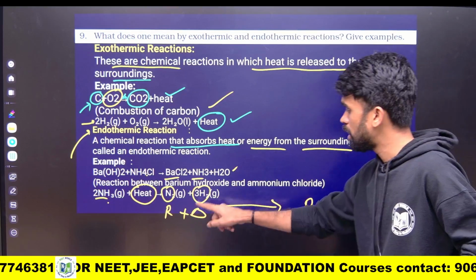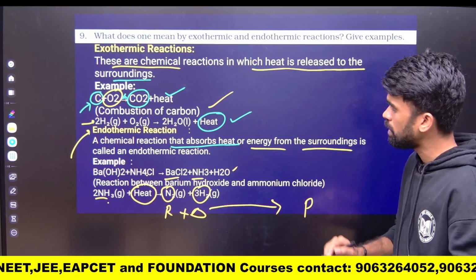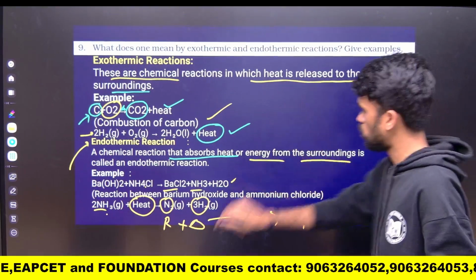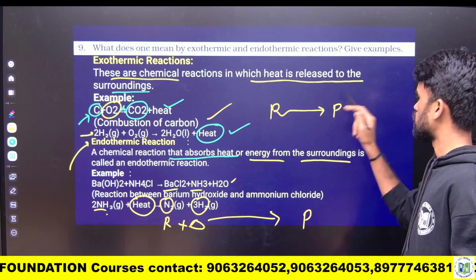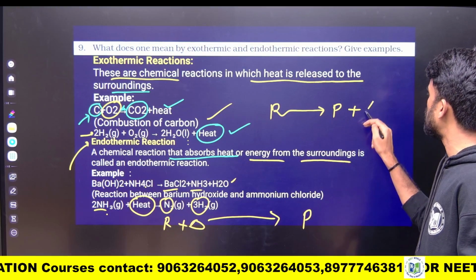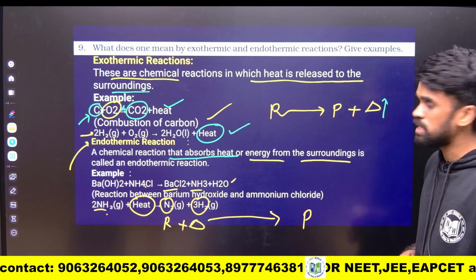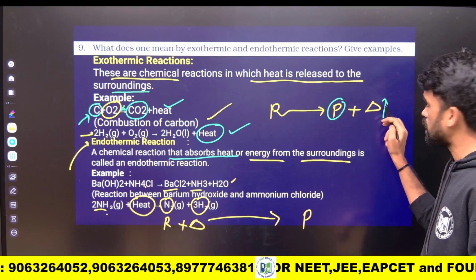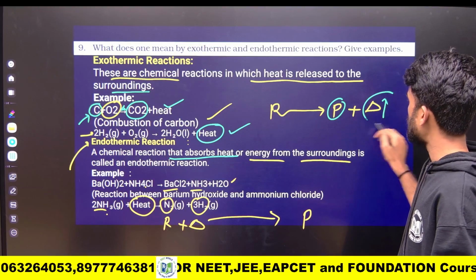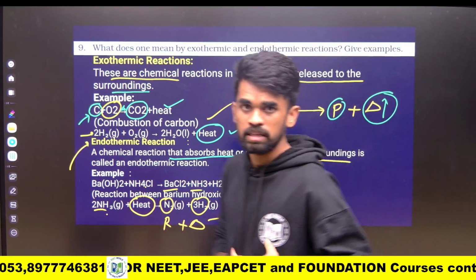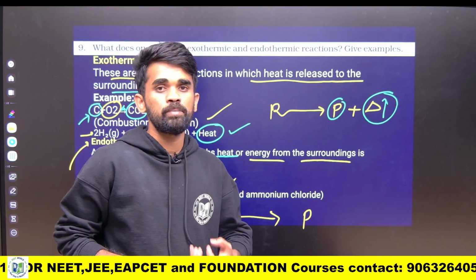If heat is absorbed during the process, it is endothermic. Now in the other case, reactants form products, and along with the product, some heat is released. Heat is released during the process. This kind of process where we see the evolution of heat is considered to be an exothermic reaction.